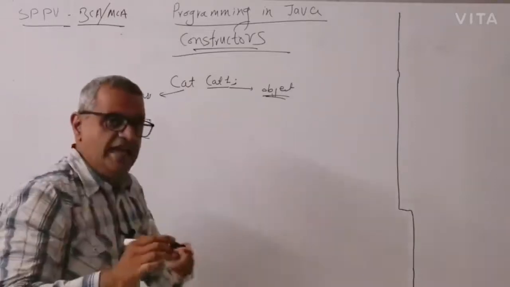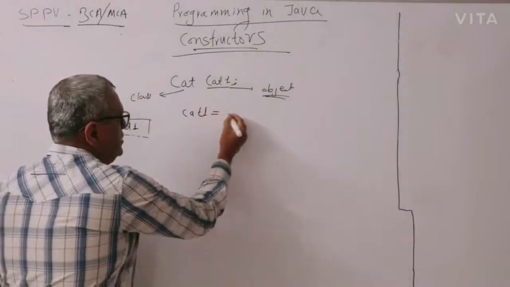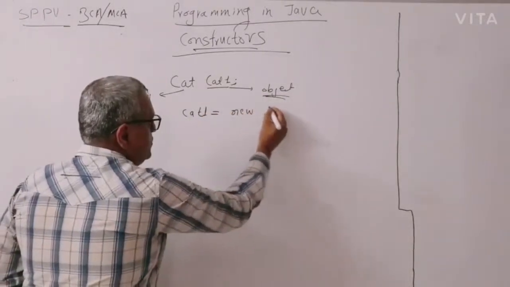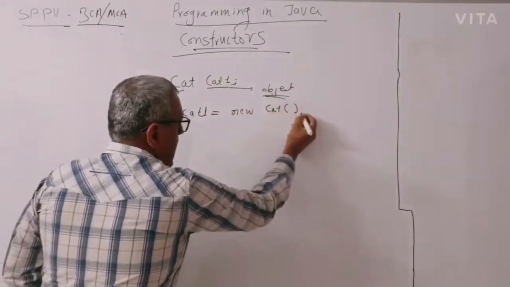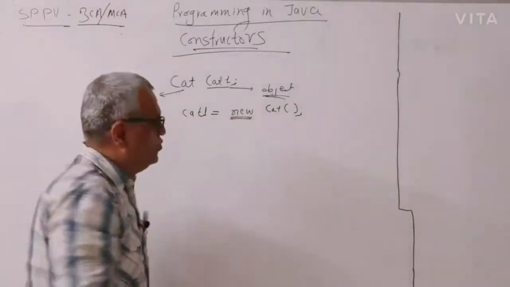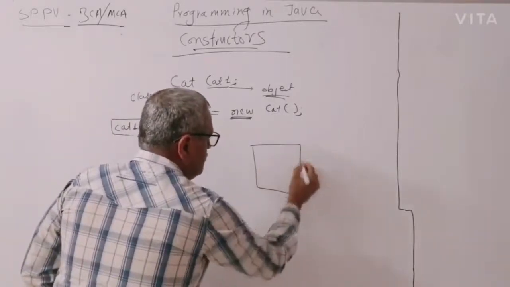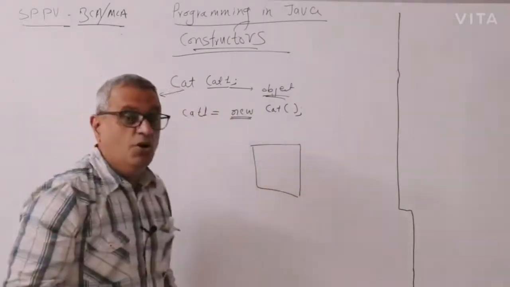The next statement we have seen is cat1 equals new Cat. The new keyword goes and allocates memory for this particular object.